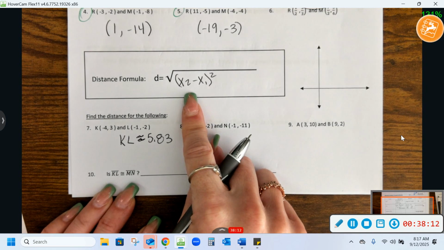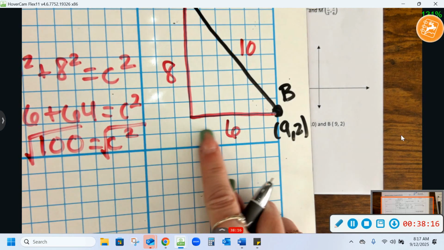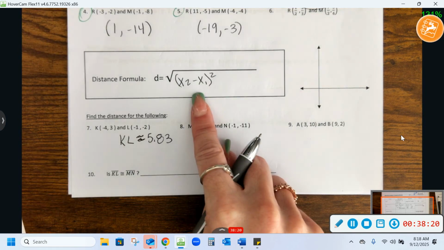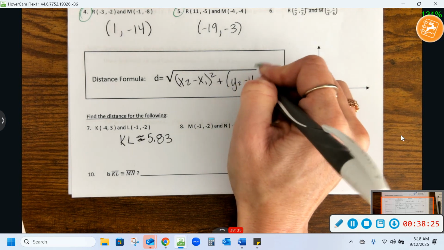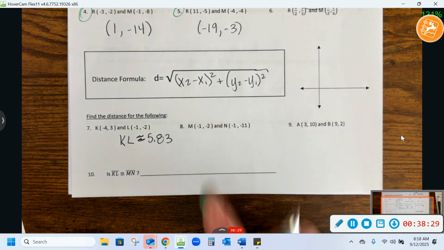That's my a squared. That is asking how far did we move on the x. So from x to x, I went 6 units. Plus y2 minus y1 squared. So square root of a squared plus b squared.